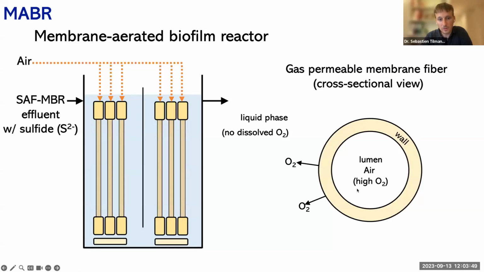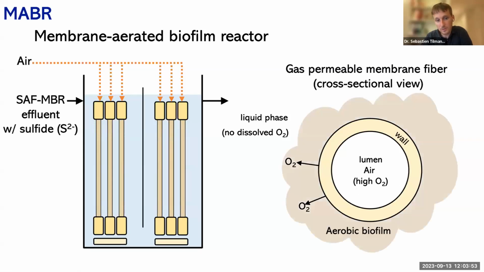It's diffusing out through the wall of the membrane into a biofilm of organisms that is living on the surface of those membranes. So you're not wasting a bunch of energy trying to pump air into the water. You're just pumping the air specifically into the bacteria that need it, and you're not having to send any extra air into the ambient water.